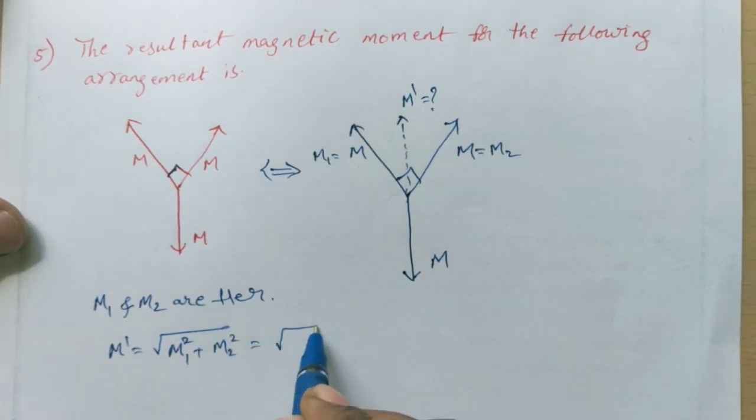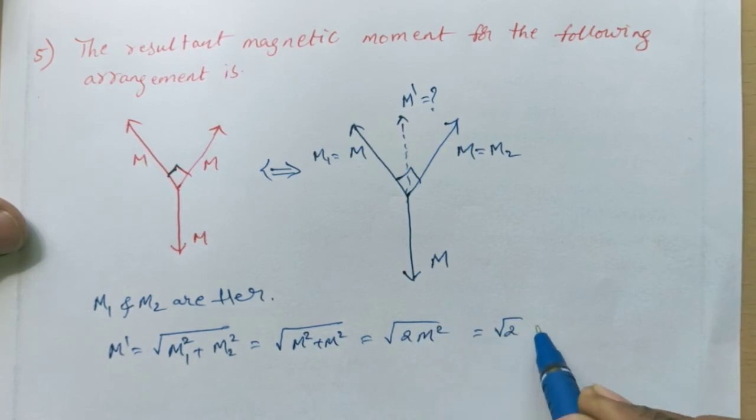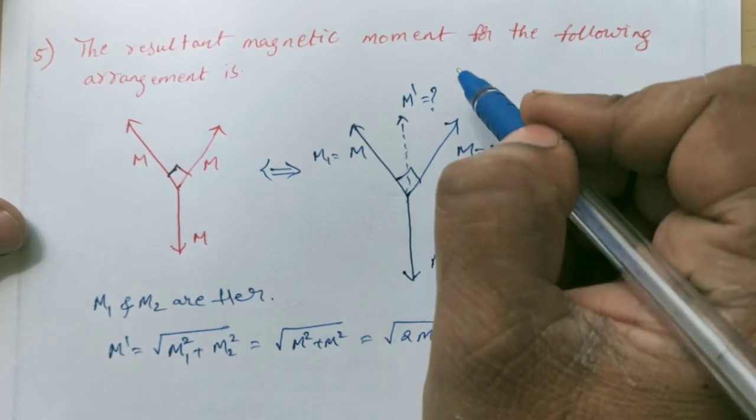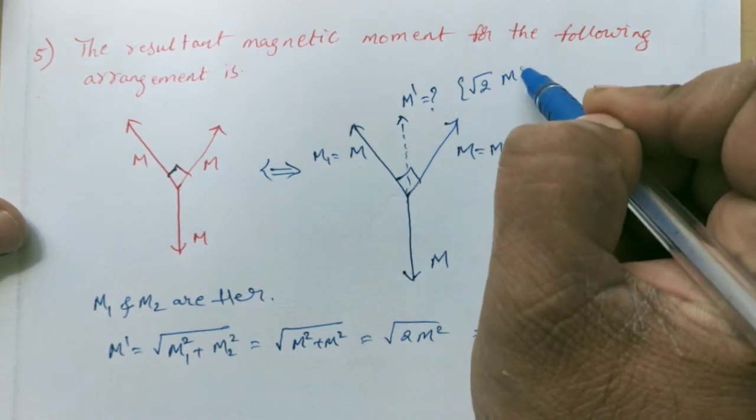So root over m square plus m square gives root over 2m square, which is nothing but root 2 m.